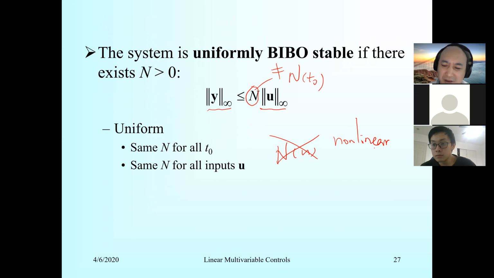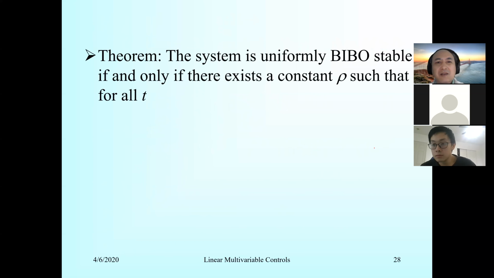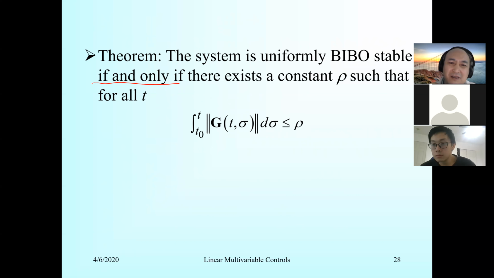So the system is uniformly BIBO stable if and only if there exists a constant rho, an upper bound rho, such that the integration of the norm of this G mapping is less than rho.